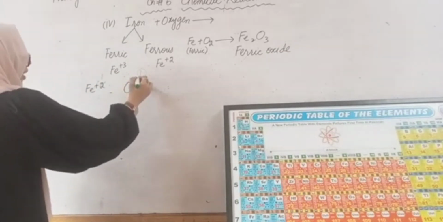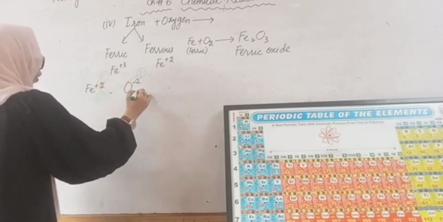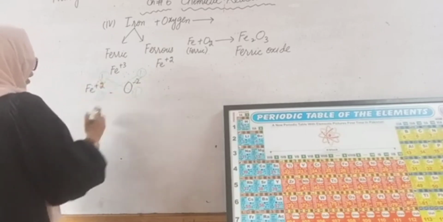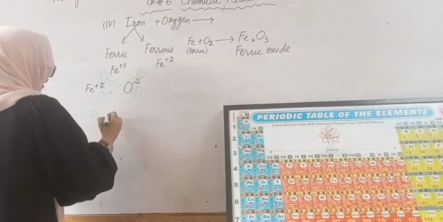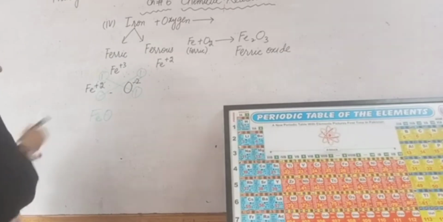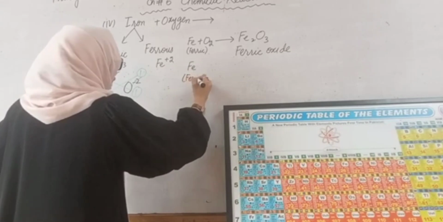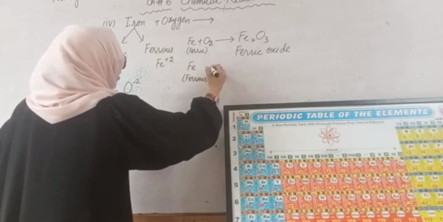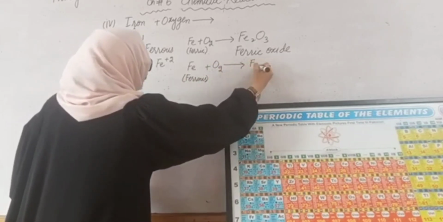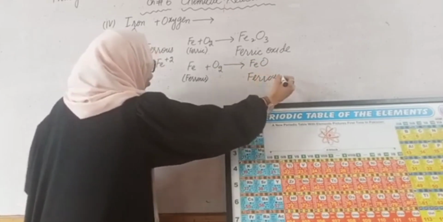So 1 will be written in the bottom and 1 in the bottom of the next one. You know that we do not write 1, and simply we will get FeO, that is ferrous oxide.